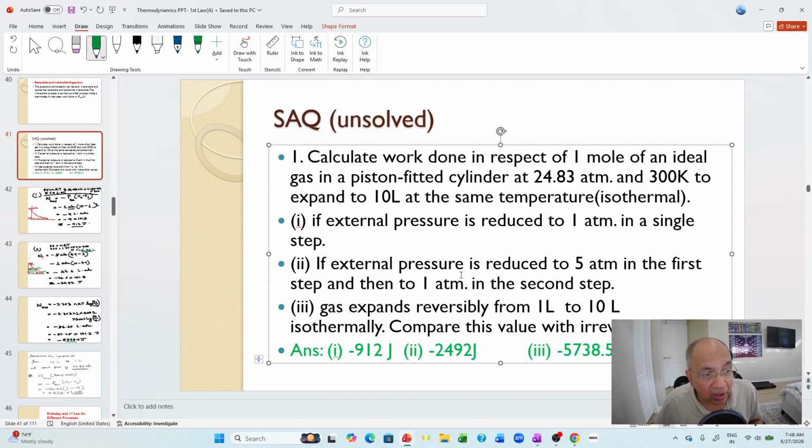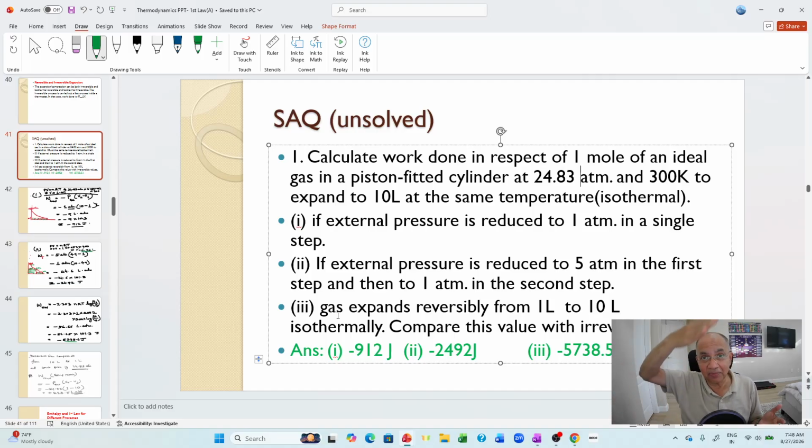So find out the work done. Then if external pressure is reduced first to 5 atmosphere, it will be doing work under 5 atmosphere. Again, irreversible. And then remove the 5 atmosphere weight and put 1 atmosphere. It will again expand under 1 atmosphere. What is the total work done? And compare it with if it is done from the beginning, ideally, reversibly, and at constant temperature.